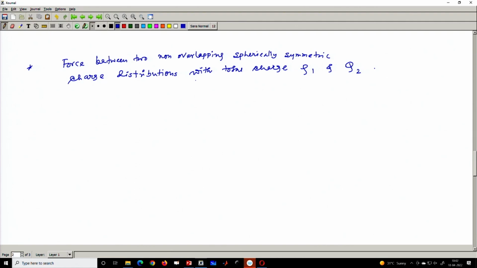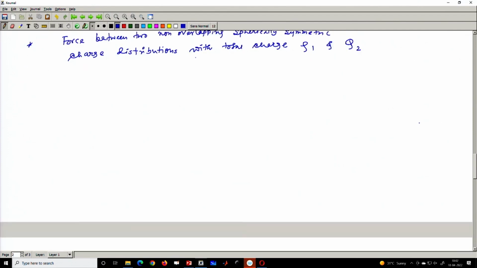So, if you calculate the electrostatic potential, then from that you can also calculate the force. So, our strategy is to find out the electrostatic potential that is created due to this system.